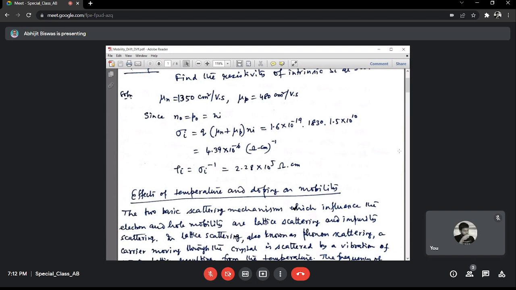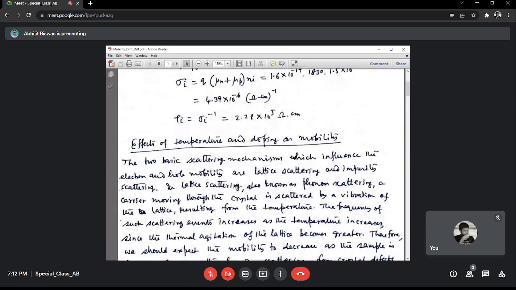That is called diffusion. So there are two mechanisms of flow of charge carriers: one is drift, another is diffusion. So I'll define the mobility as the drift velocity of carriers per unit electric field. Now I shall discuss the effects of temperature and doping on mobility.